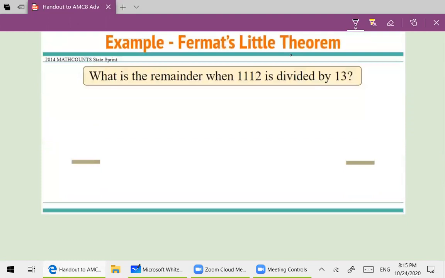Okay, so here's an example. Sorry, this should be 11 to the 12th power.